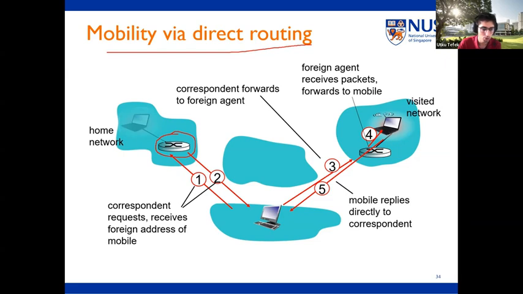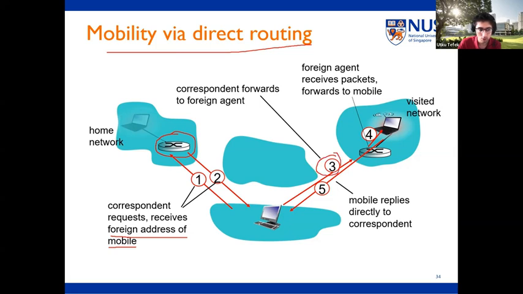So the correspondent first requests and then receives the foreign address of the mobile, and then all the packets are directly forwarded from the correspondent to the foreign agent. So in number 3 here.